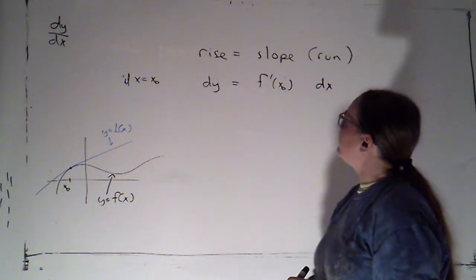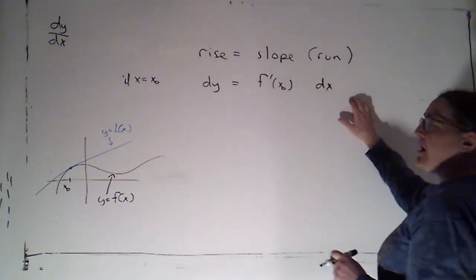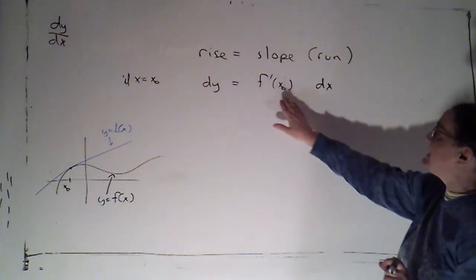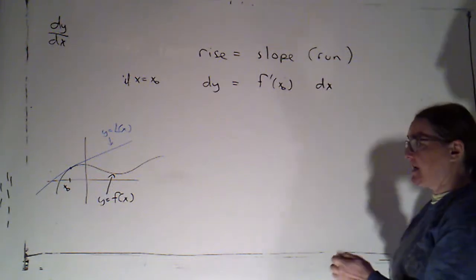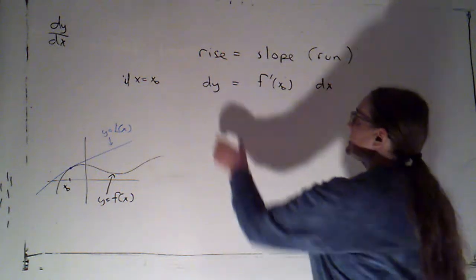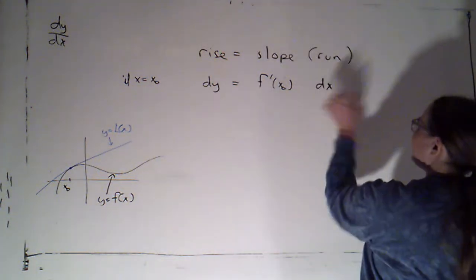But I need to be careful. Here, I've written the formula for the differential of a function, but where x is a specific value, x naught. So I'm not just talking about an arbitrary tangent line, I'm talking about the tangent line at x naught. So rise is that particular slope of that line times dx.